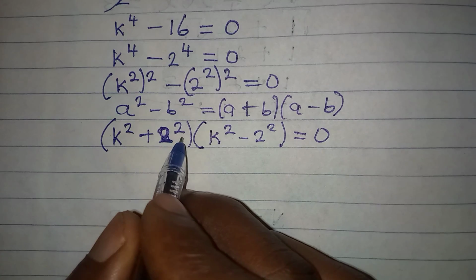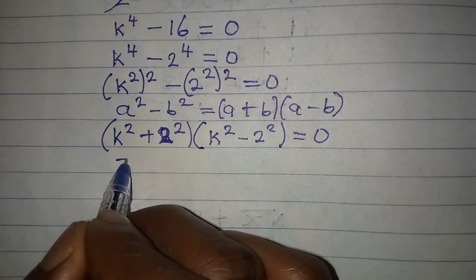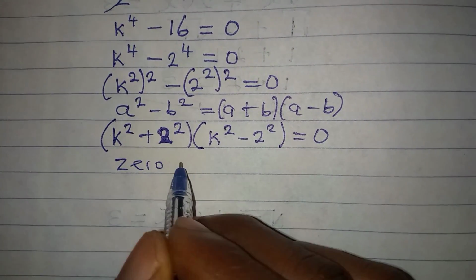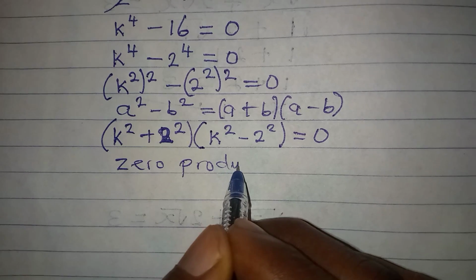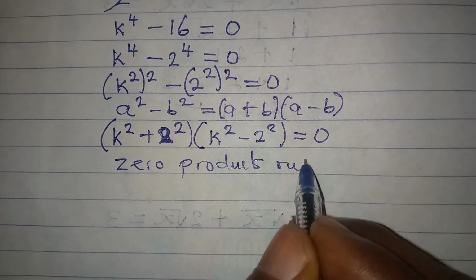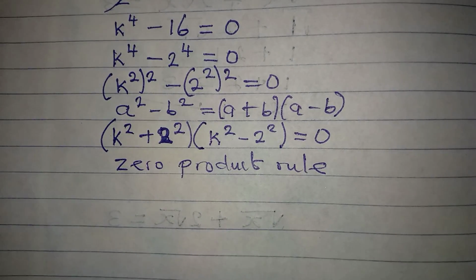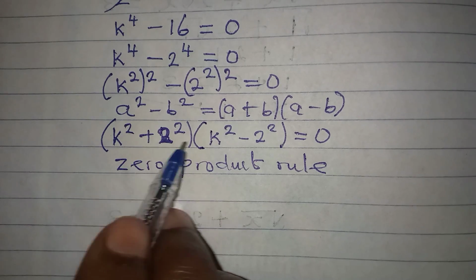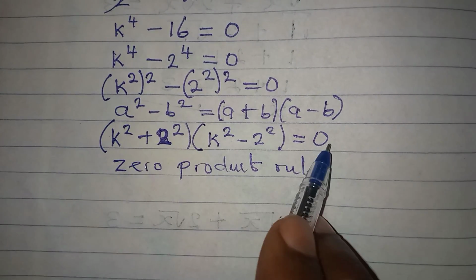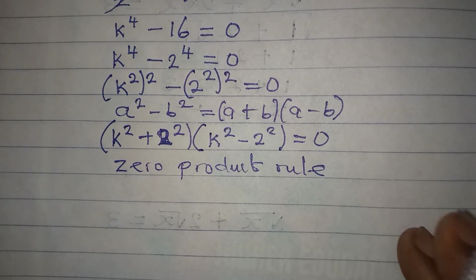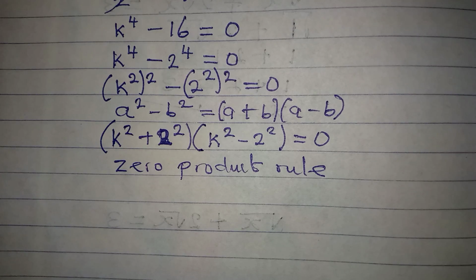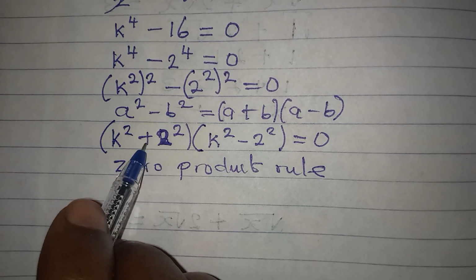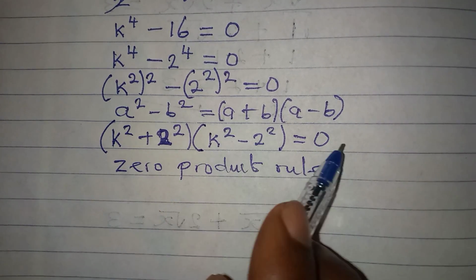And then from here, we apply the zero product rule. It says that if you multiply two things or two numbers to get 0, either of them must be equal to 0. So this expression is equal to 0 or this is equal to 0.